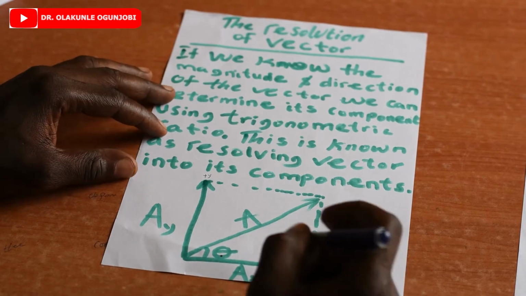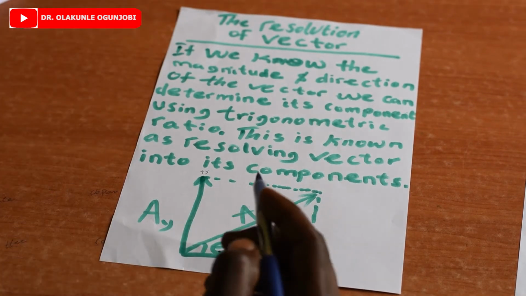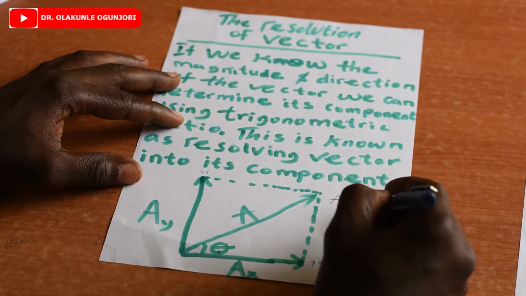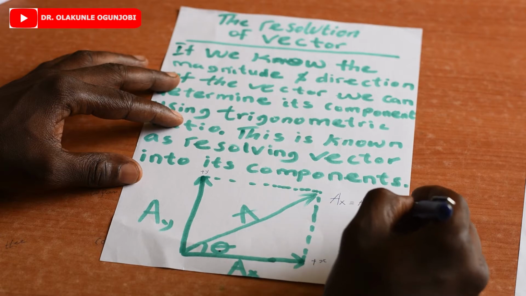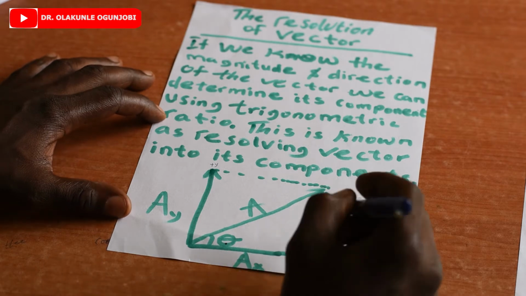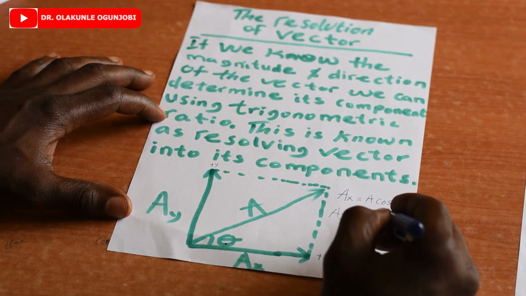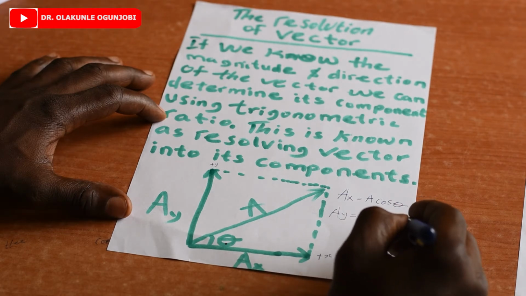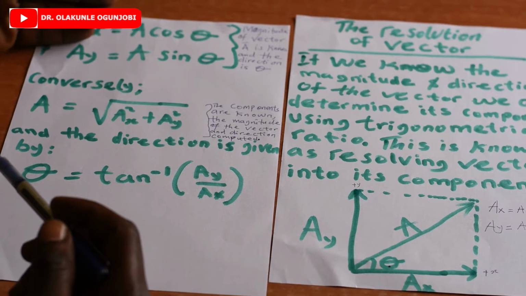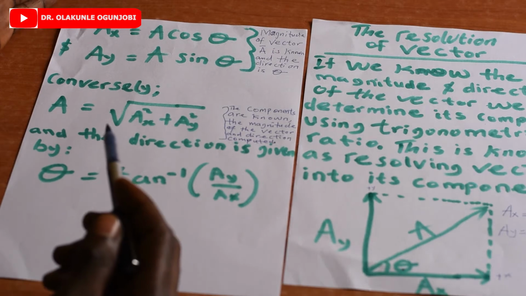This is positive x-axis, and then of course positive y. So the x and y components of vector A can be given as ax equals A cos theta, and along the y direction, ay equals A sine theta.